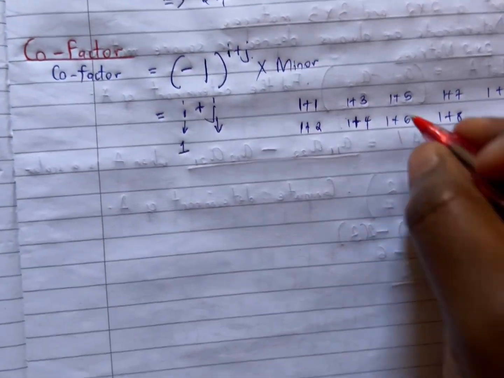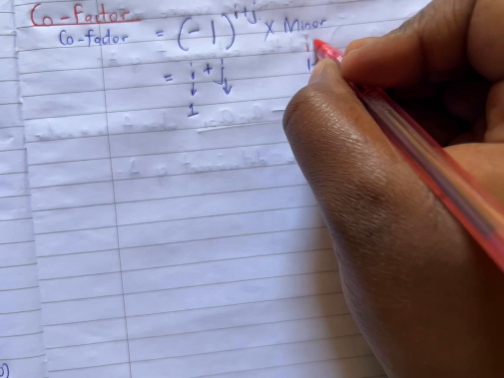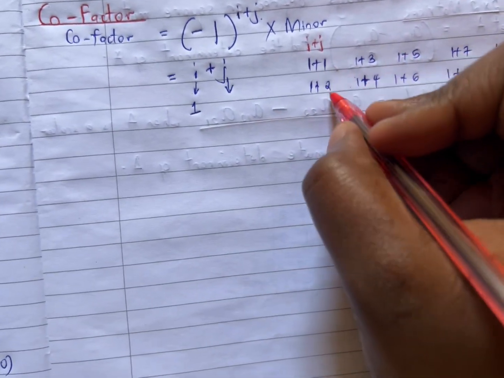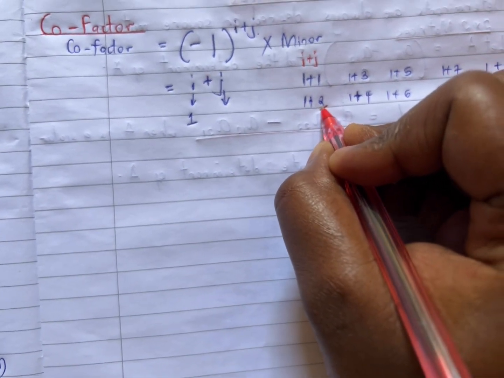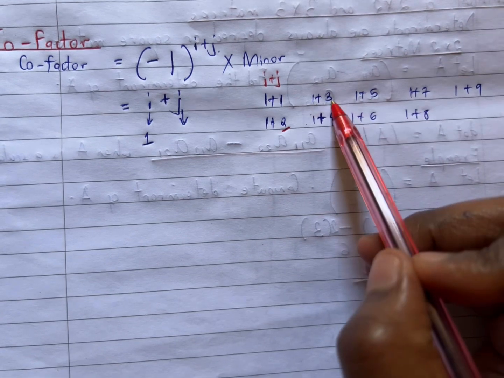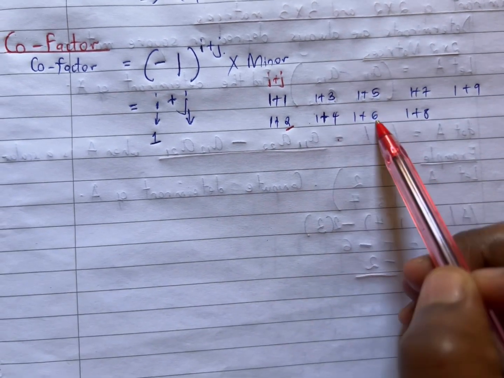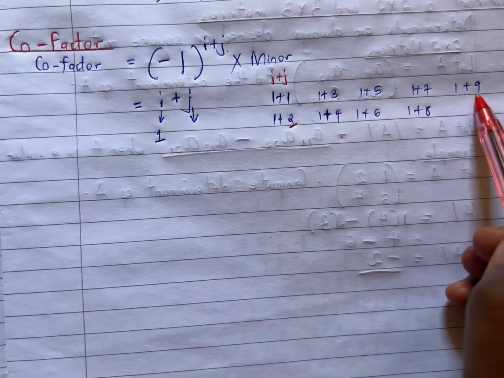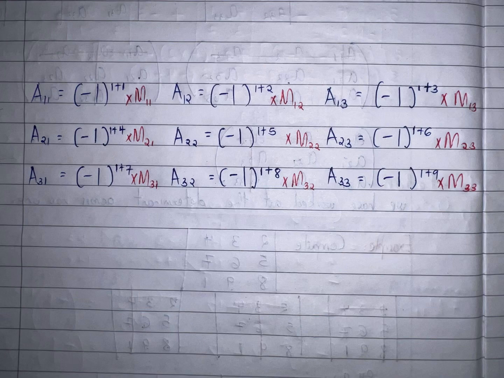So with that, j is always increasing by 1 in each and every minor that you're going to work out. And this is how it should be when told to find the cofactor of the values you're given. So A11, A is the symbol for cofactor.